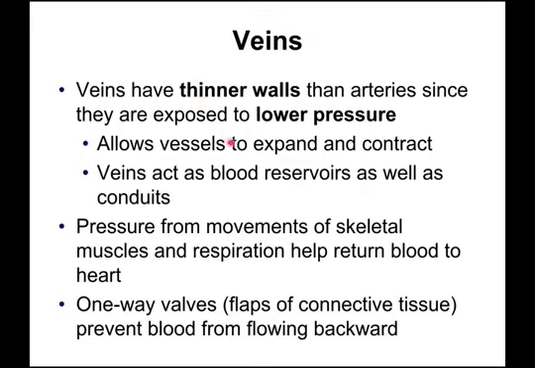So the pressure that you have now at the capillary level is already quite a lot lower compared to the pressure right outside of the heart, in the main arteries. For this reason, when you look at the structure of the veins, they have a much thinner wall overall. And that's also the reason why veins need some sort of help to bring the blood back to the heart.